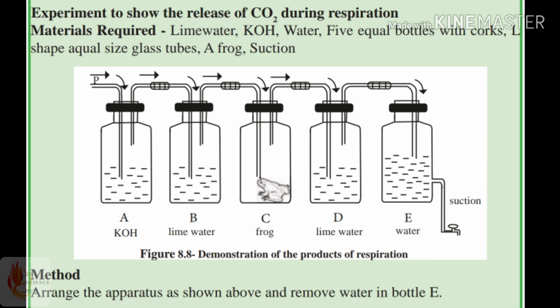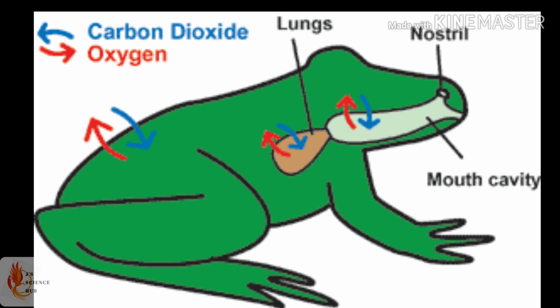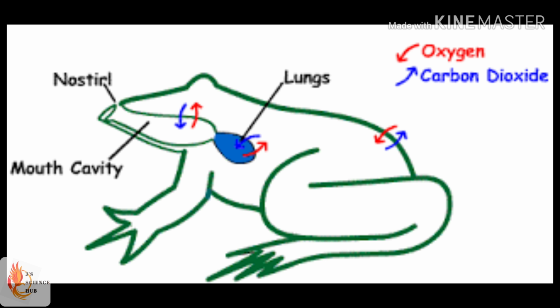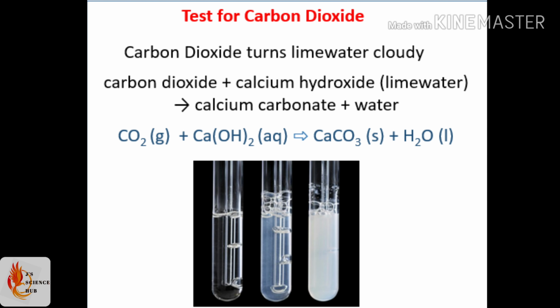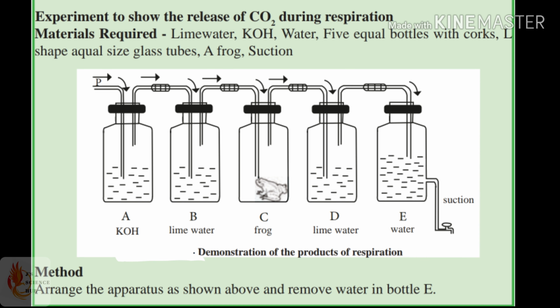The frog is a living organism, so it engages in respiration. While it respires, during exhalation it releases carbon dioxide. That is the reason for the lime water changing into milky white. So from this we can confirm carbon dioxide is released as a byproduct of respiration.